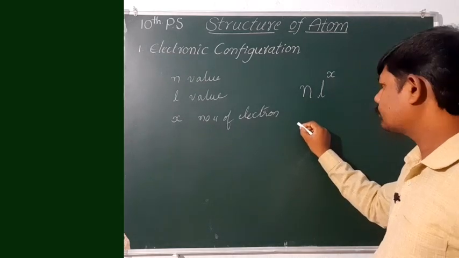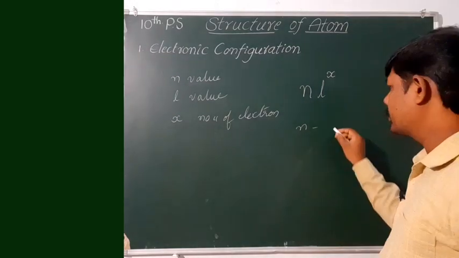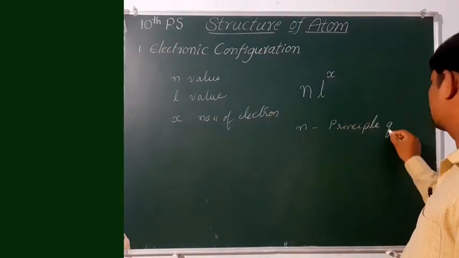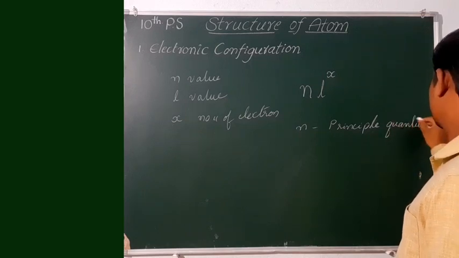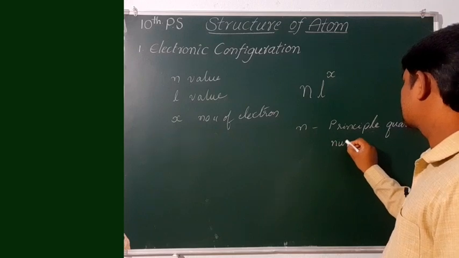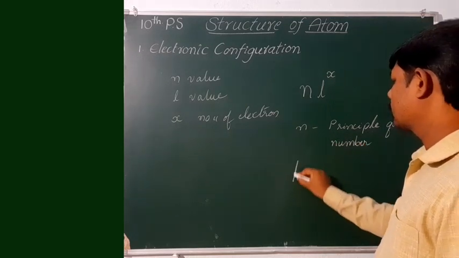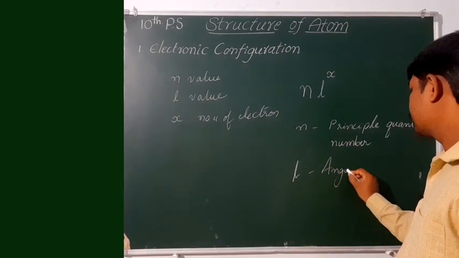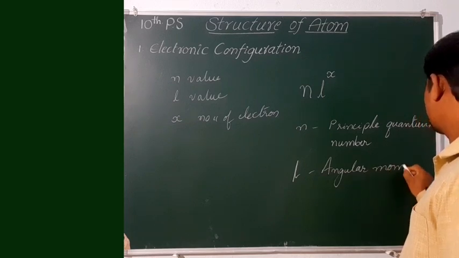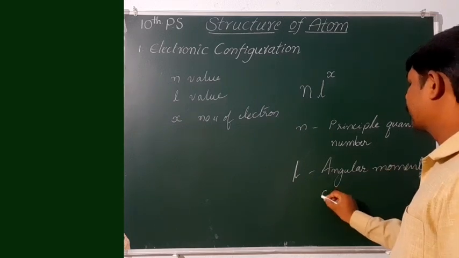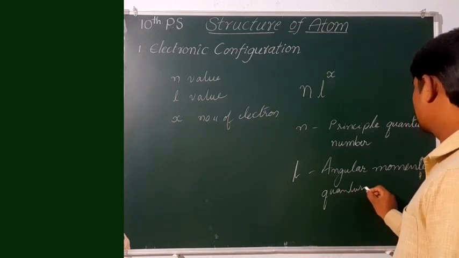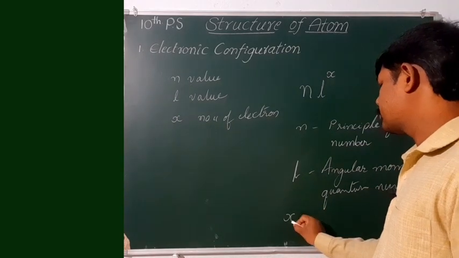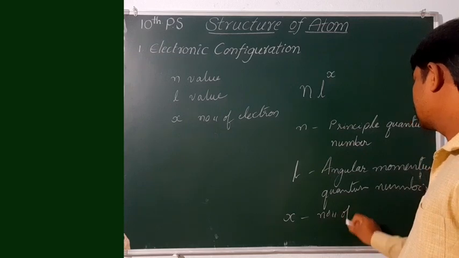N is the principal quantum number. And what does L represent? L is the angular momentum quantum number. And X represents the number of electrons.